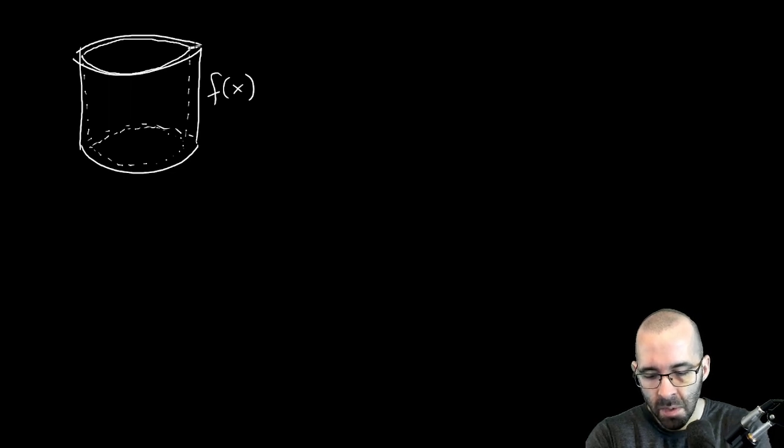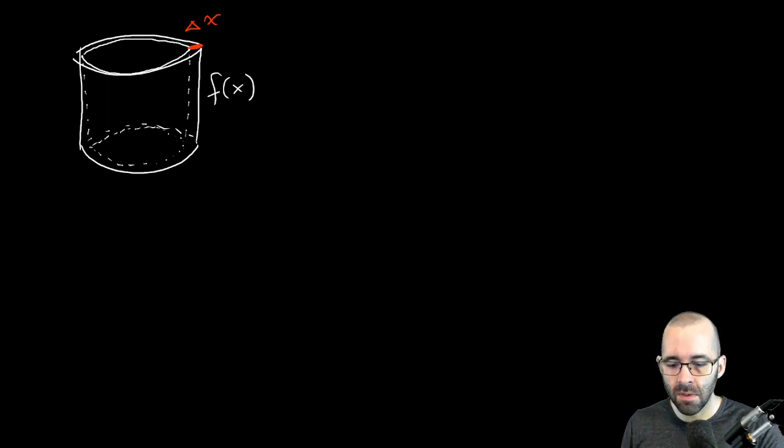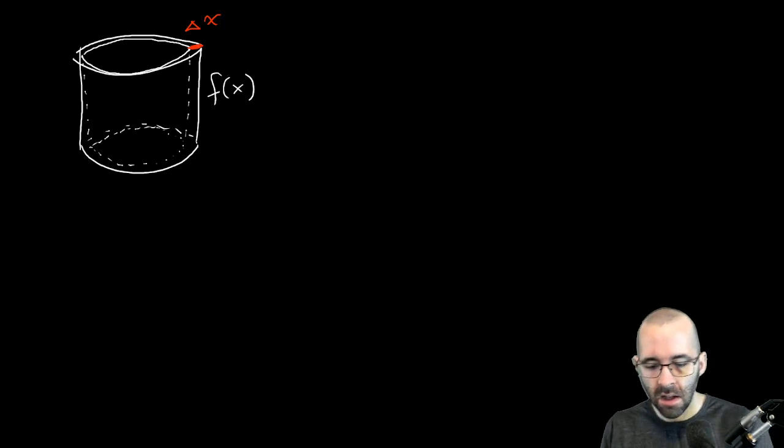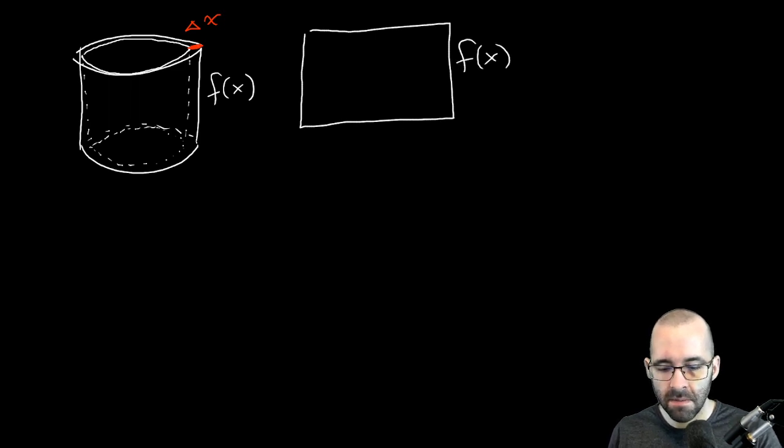The width of this is some really tiny thing. Let's call it delta x. We'll eventually call it dx. Well, then what's this volume? Think about cutting this on one side, not all the way through, but just cutting it like right here and unfolding it. If we unfold it, we're going to get a rectangle. The height is still f of x.